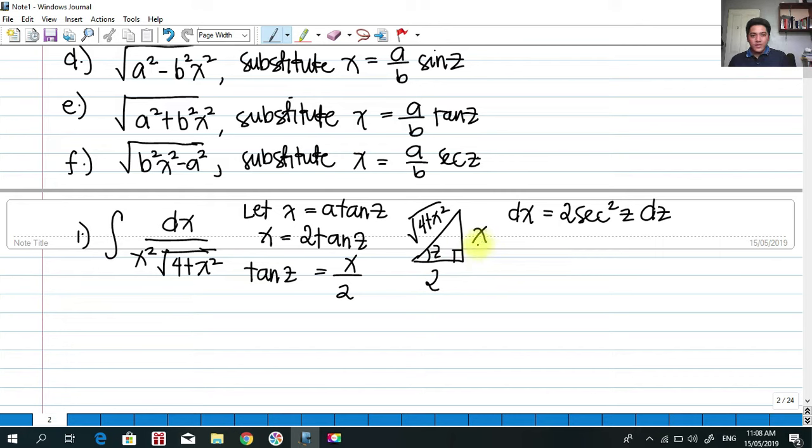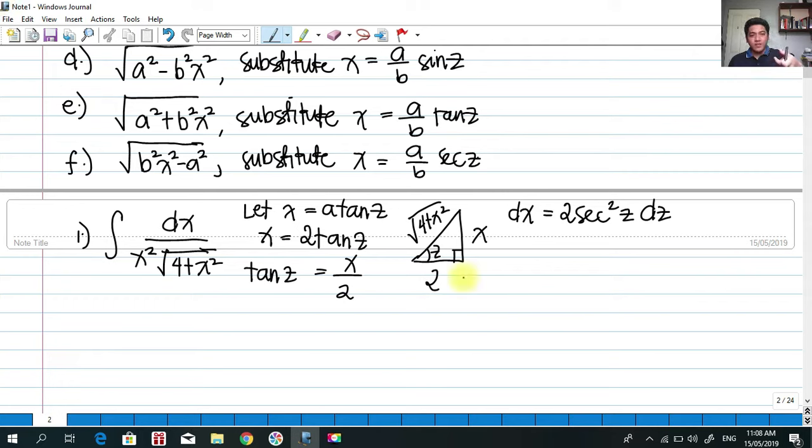So we can use cosine of z, which is adjacent over hypotenuse. But since our x and dx are in terms of tangent and secant, we can use the secant function by reciprocating the cosine, because 1 over cosine is secant.